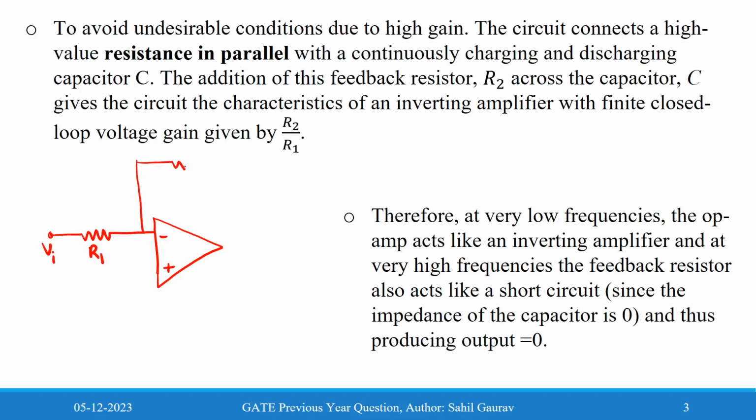Now the resistor R2 is connected in parallel with capacitor C, and this is V naught. Therefore at very low frequencies for this circuit the op-amp acts like an inverting amplifier, and at a very high frequency the feedback resistor acts like a short circuit since the impedance of the capacitor is 0 and thus the output is equal to 0.